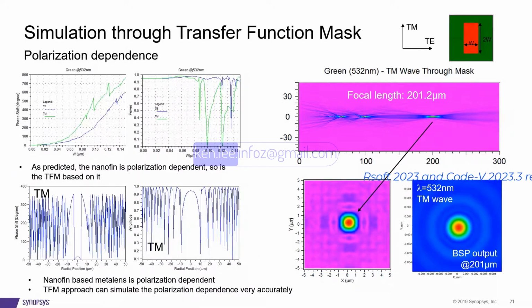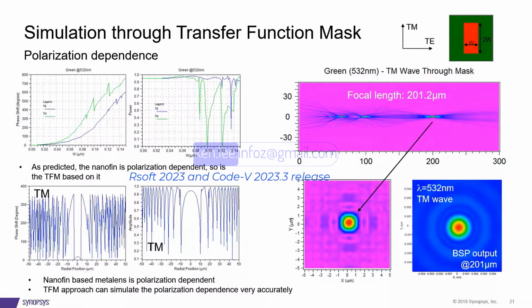Now let's check on the polarization dependence of a different structure, such as nanofilms. Shown here are both the phase and the transmitted power. As we predicted, the nanofilm is polarization dependent. So this means the transfer function mask that is based upon it is too. However, the simulated focal length is not that off, only 1 micrometer away.